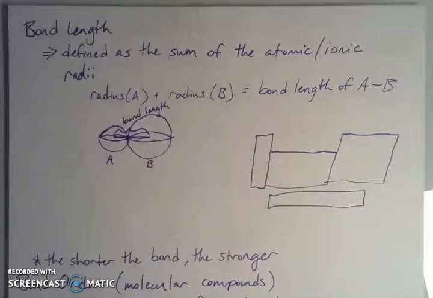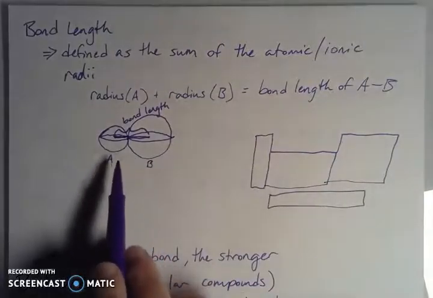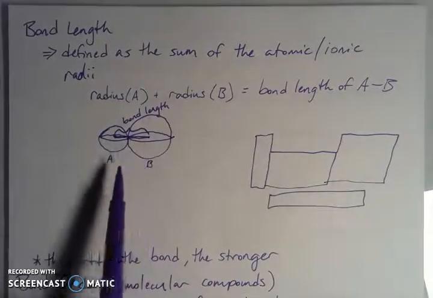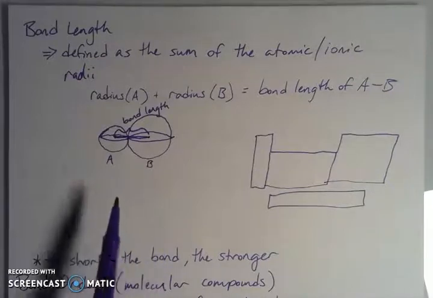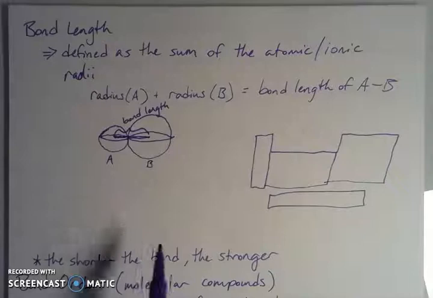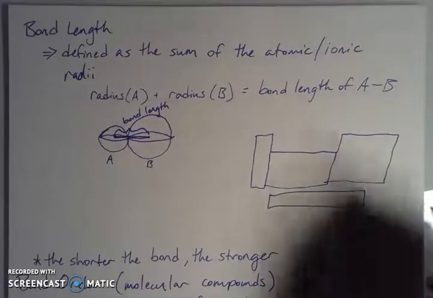Now this is going to be true whether it's a covalent bond, where we have a shared pair of electrons between a non-metal A and non-metal B, but it could also be true if we're talking about ionic bonds, where these are ions. So if I have ion A and ion B, then we have what is called the ionic radius instead of the atomic radius, and that still gives us information about the bond length.